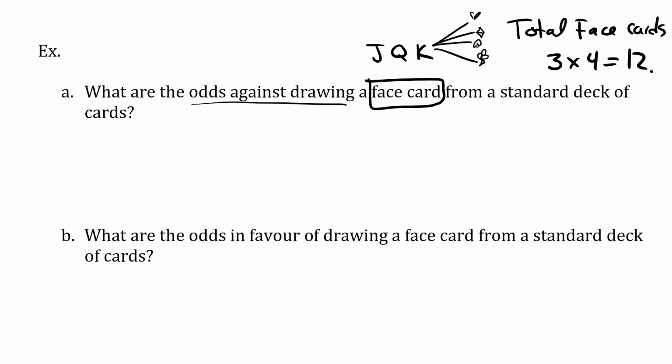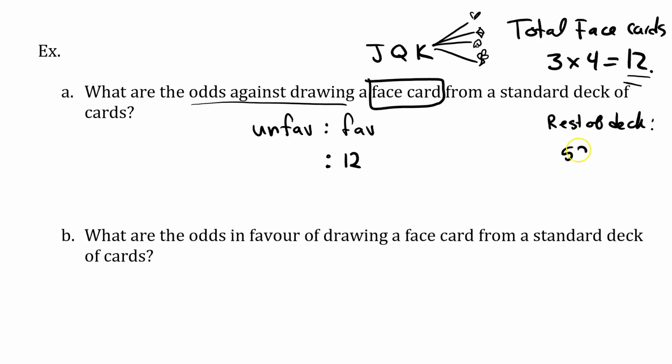So if we're talking about the odds against, we're talking about the unfavorable to the favorable. We know the number of favorable outcomes is going to be 12. A standard deck of cards has 52. So to find the number of unfavorable, the rest of the deck, it's 52 minus 12, which is 40.